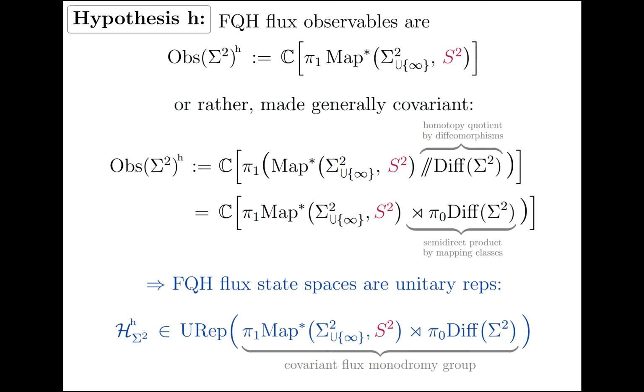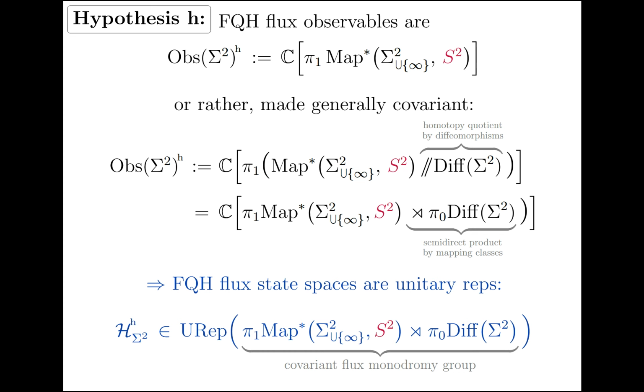In summary, the hypothesis that we're going to be investigating now is that the quantum state spaces of our fractional quantum Hall topological fluxes must be modules over the algebra of observables on the top of the slide. But since the algebra of observables is a group convolution algebra, the modules over it are just representations of the group.